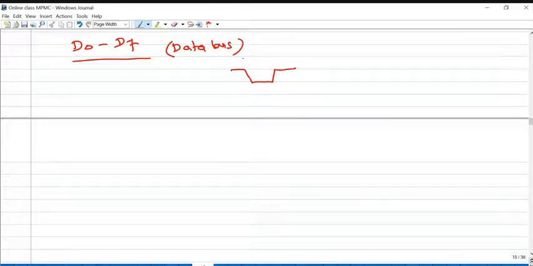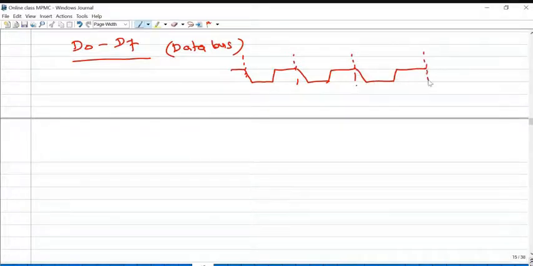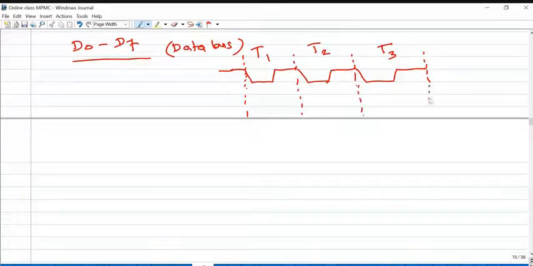T state 1, T state 2, T state 3. Usually only 3 states are required to read data from memory or write data to memory. Only for opcode fetch we need 4 clock cycles. For IO read, IO write, memory read and memory write, we need only 3 clock cycles. I'll explain.